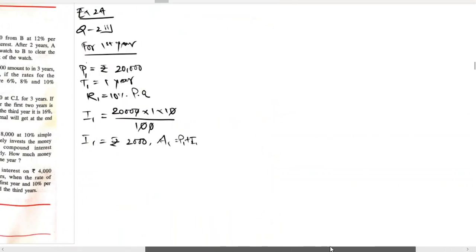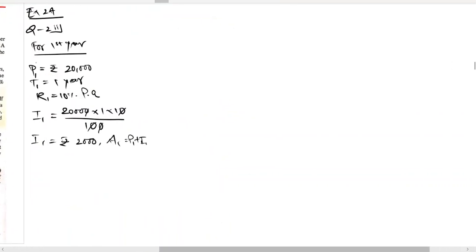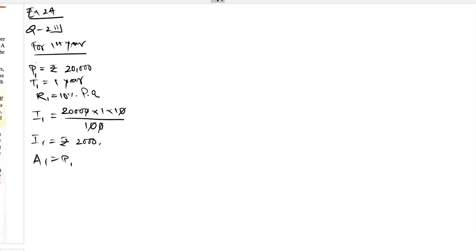Let me create some more space here. So A1 is equal to P1 plus I1, that is 20,000 plus 2,000, which is rupees 22,000.